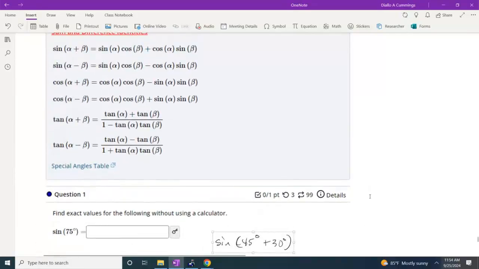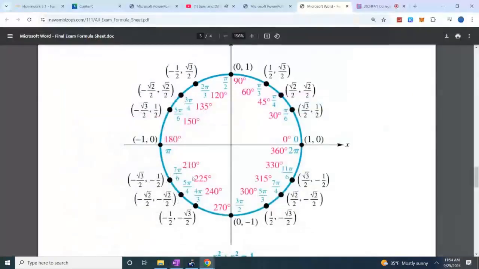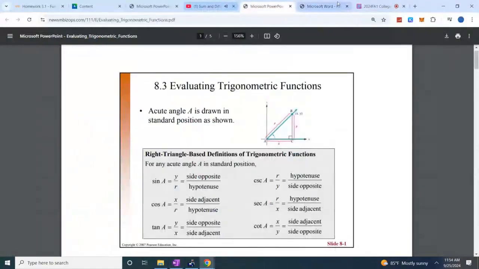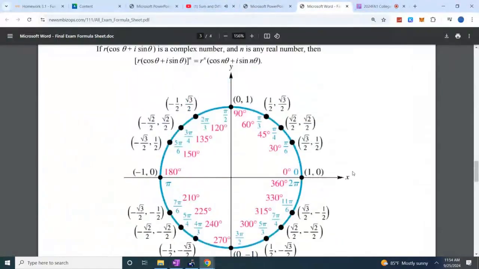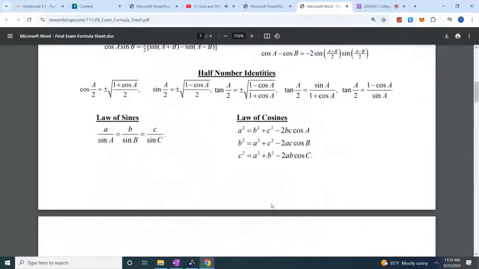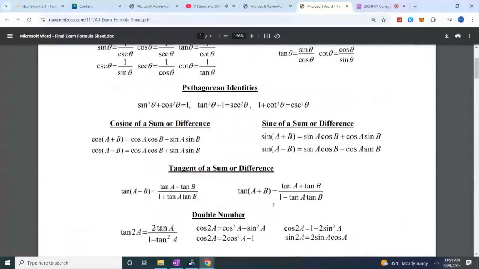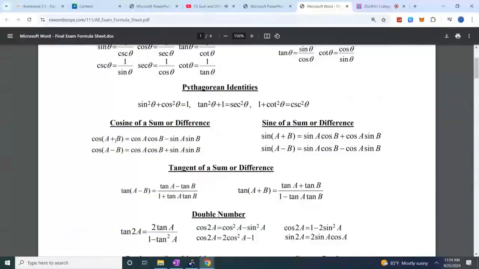The sine of alpha plus beta. Now, one thing, they're using alpha and beta on the homework, but on the formula sheet, I believe this just has A and B, all right?